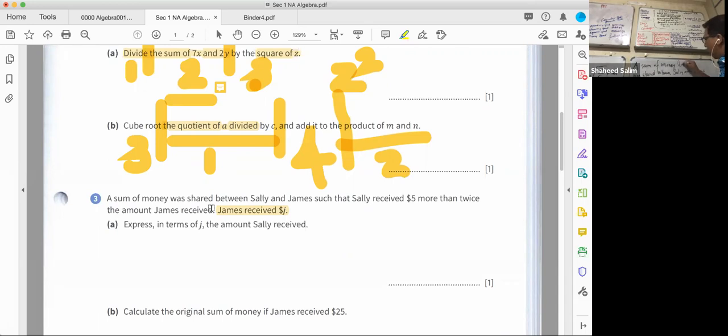So this is part 1. This is part 2. Such that Sally received $5 more. Sally received $5 more than twice the amount James received.